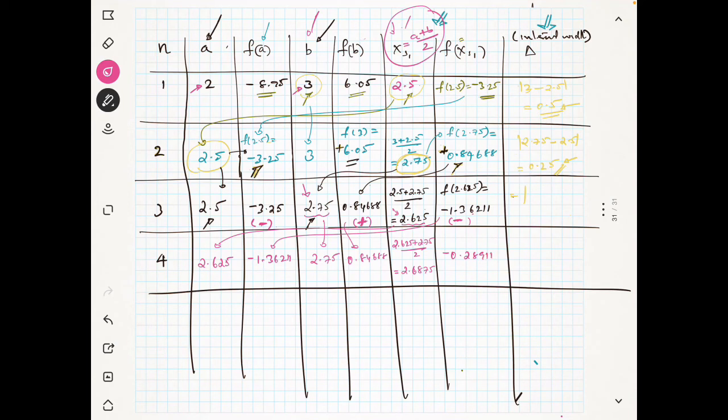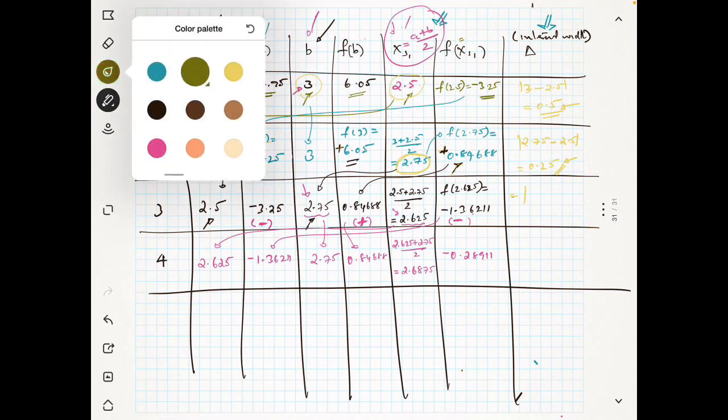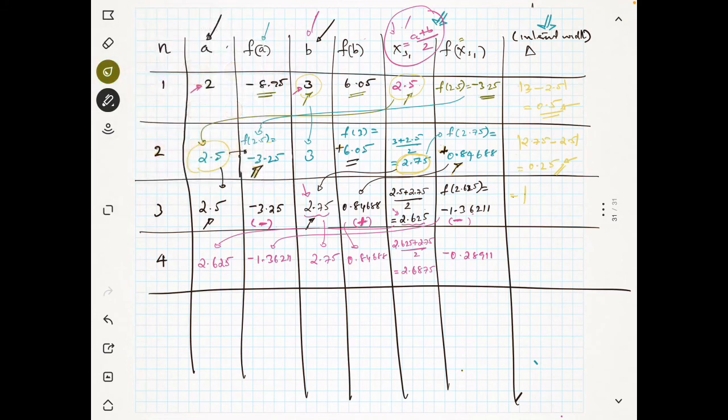The width of the interval in the previous iteration is 0.125, and here it is 0.0625. It becomes half each time, divided by 2, like this it goes on in the bisection method. So you got it.